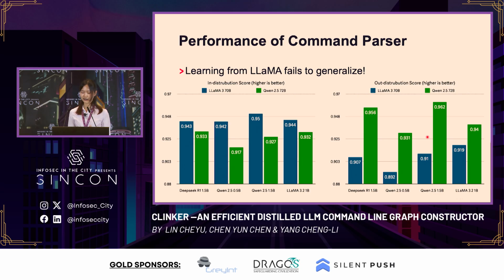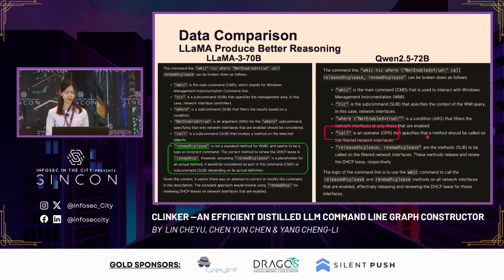We can see that Llama-generated data has better in-distribution results, but seems to fail to generalize, since you can see a significant performance drop from the in-distribution to the out-distribution results.